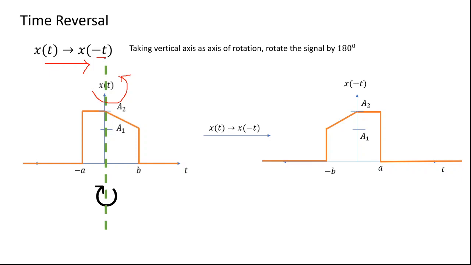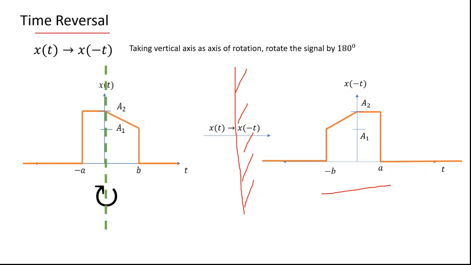So if we take the vertical axis as the axis of rotation and rotate this signal by 180 degrees, then we obtain a mirror image of the signal. As you can see, we obtain the mirror image of the signal. This is called a time reversal transformation.